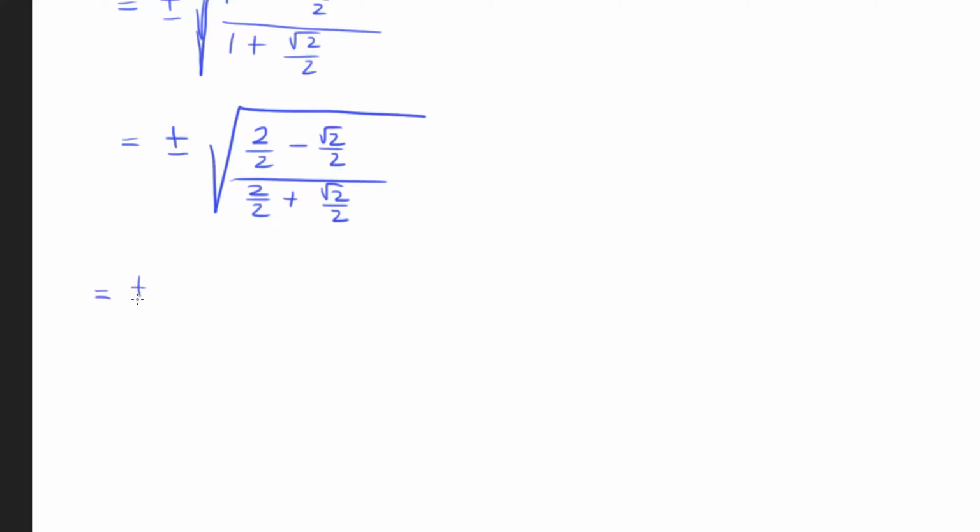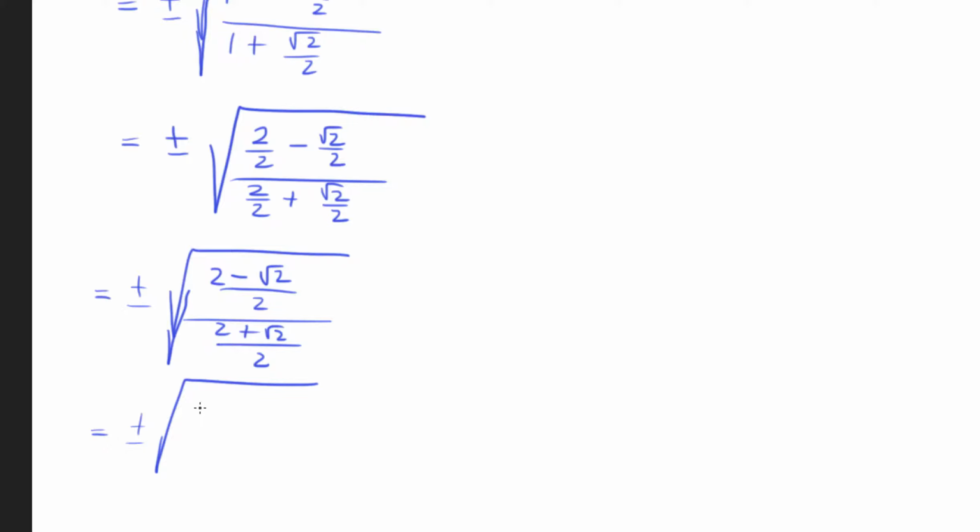Okay, plus or minus radical 2 minus radical 2 over 2 over 2 plus radical 2 over 2. Make sure this radical is long enough. Okay. When you have a fraction dividing another fraction, we multiply by the reciprocal. It's going to be 2 minus radical 2 over 2 times 2 over 2 plus radical 2 over 2.